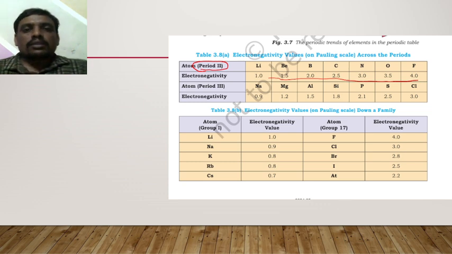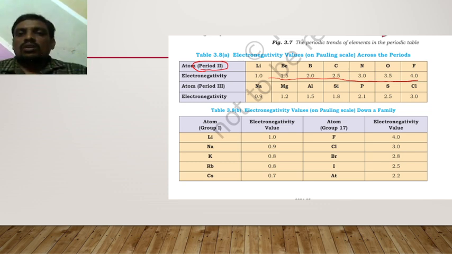Whereas in period 3, sodium, magnesium, aluminum, silicon, phosphorus, sulfur, chlorine, electronegativity increases from sodium to magnesium, aluminum, silicon. Gradually it increases.